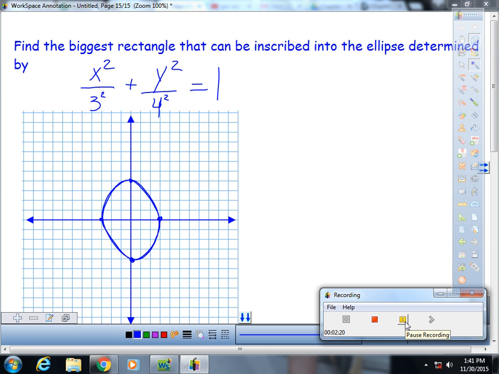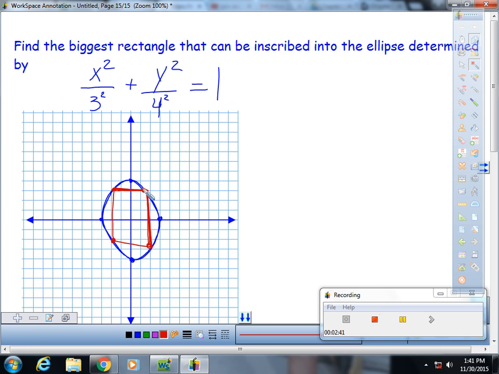Okay, so what if we wanted to maximize or find the rectangle with the biggest area located somewhere inscribed on the inside of our kind of ellipse thing?